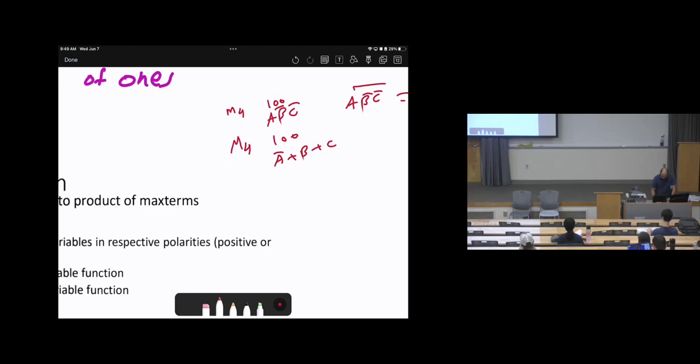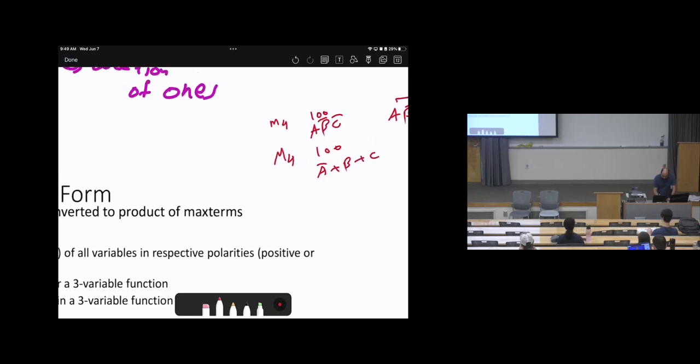In min terms, let's assume that we have the function AB plus A bar B bar C. We need to make it in the general form such that each term includes three variables. What do we need to do?